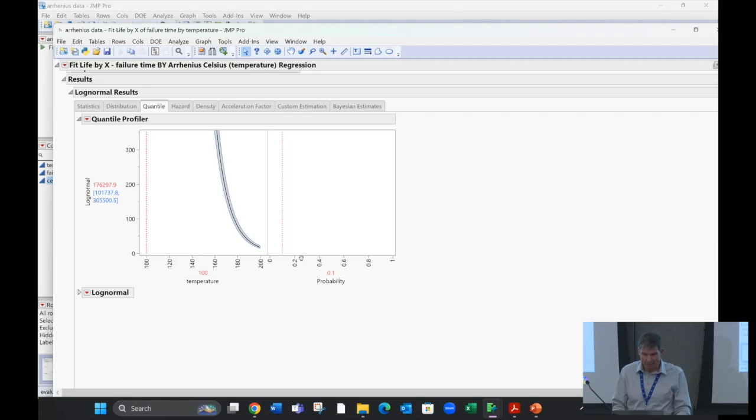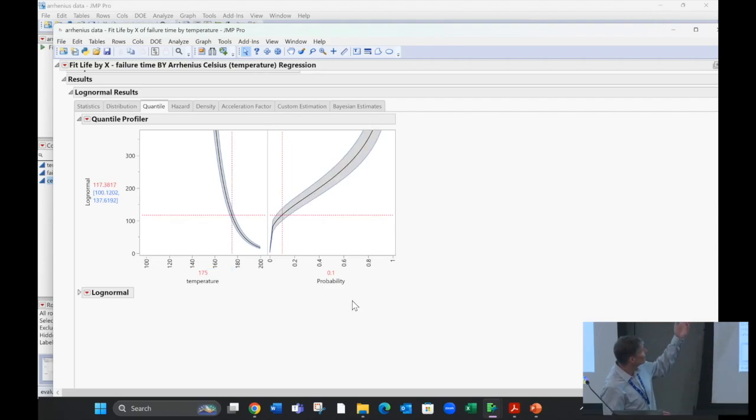So very important result there. Now, clearly, if I'm up at 175 degrees, it's 117 hours. That I can deal with. 117 hours, we have that amount of time. But we don't have 175,000 hours. So that's why we have to do this.